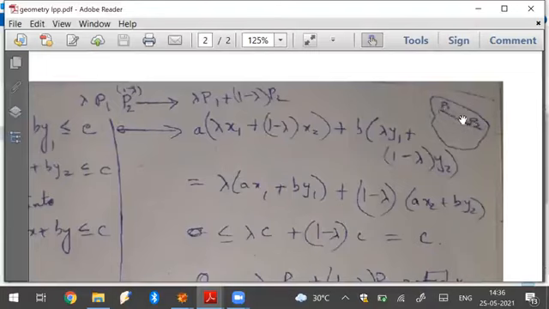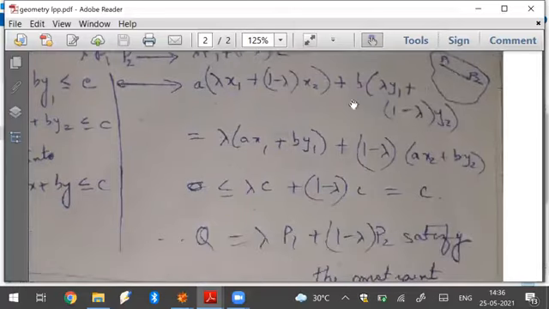If P1 and P2 satisfy the constraint, I am checking whether any point from this straight line will also satisfy the constraint. So I use the point lambda P1 plus 1 minus lambda P2, which breaks into the abscissa part and the ordinate part.